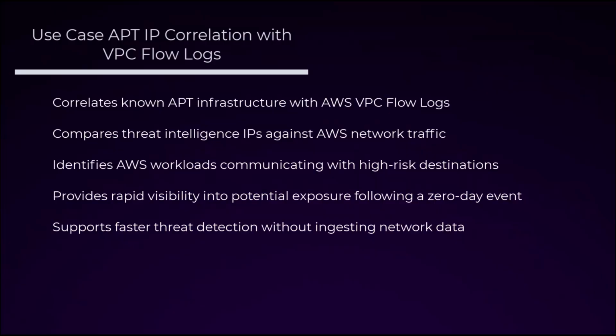The workflow demonstrates how locally stored threat intelligence can be joined with cloud-native network telemetry to identify suspicious traffic patterns. Analysts can quickly see whether APT-related IPs appear as sources, destinations, or both, and summarize the findings by site, account, and region.